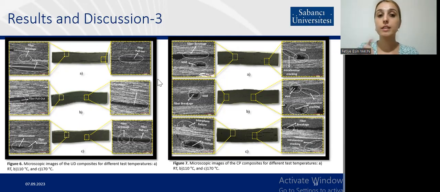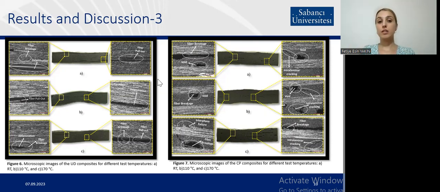And also at 110 degrees, around the TG or slightly above the TG, you can see fiber pull-out. This can be the result of polymer matrix degradation.